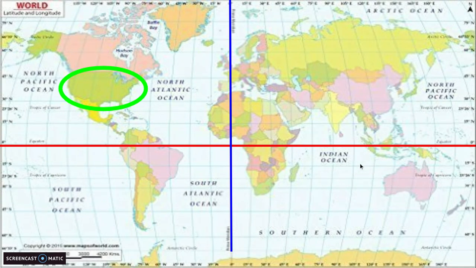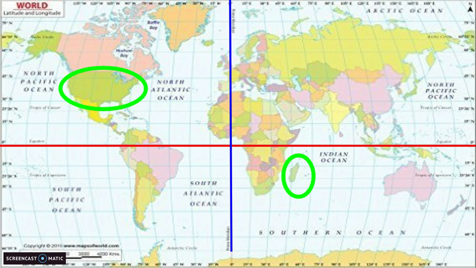Let's practice again. We're going to focus on the country of Madagascar. All right, so Madagascar is a country in Africa. It's actually an island. Is it part of the northern hemisphere or the southern hemisphere? Correct.